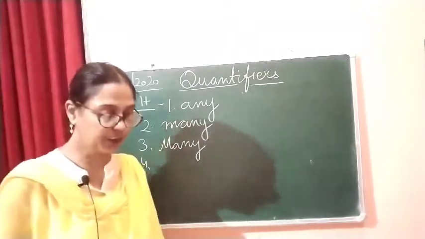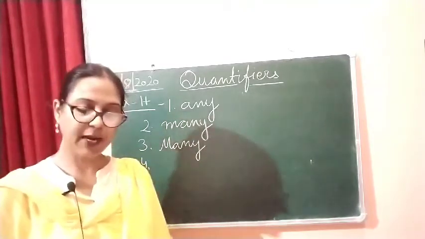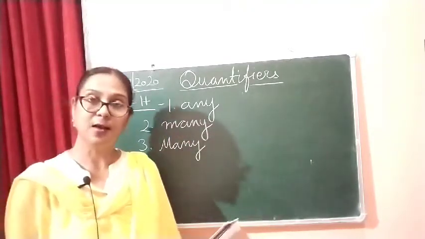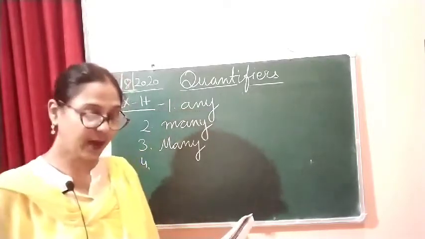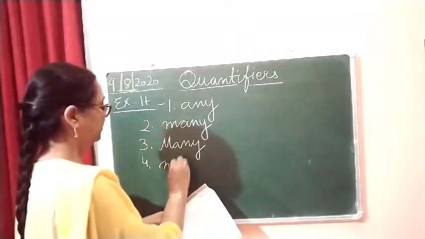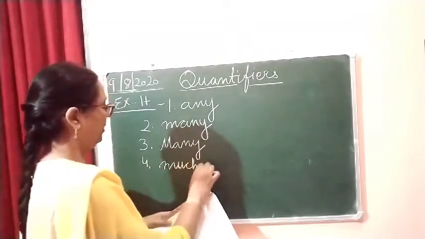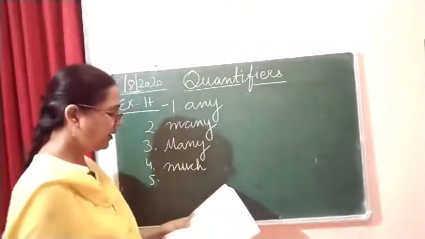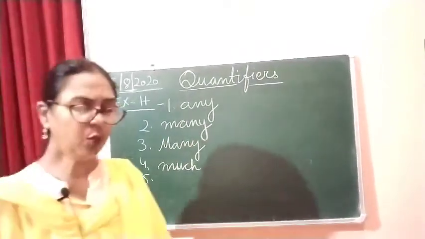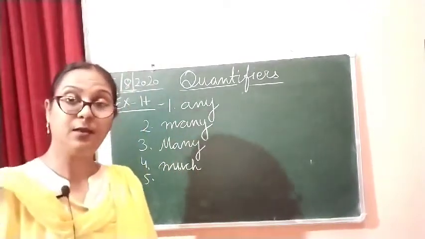Now we are moving to fourth. After dash hard work, Ram managed to excel in his exam. So what are we going to use over here? Much. After much hard work. In number 5, only dash people attended the meeting.